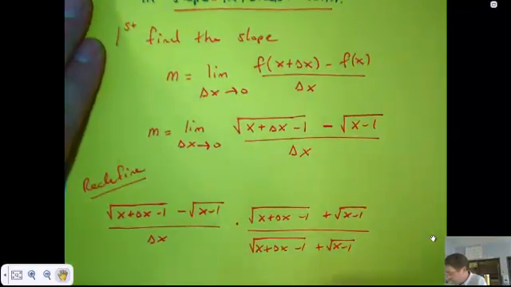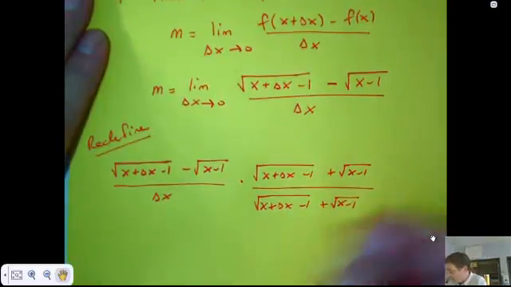Okay, so I guess, again, because I'm running out of room, I'll put the equals down here.